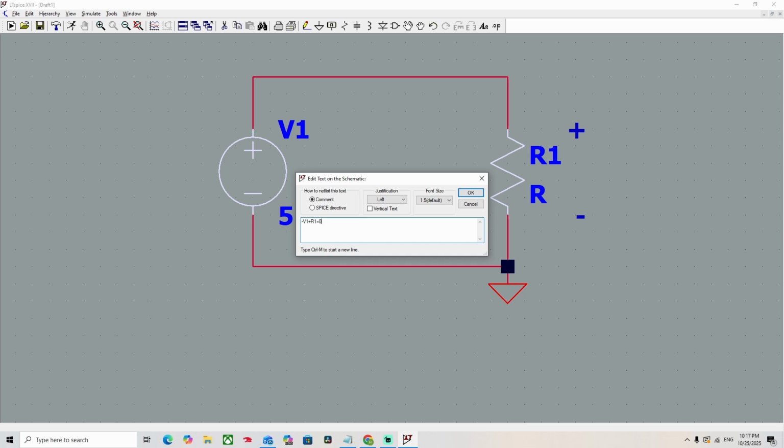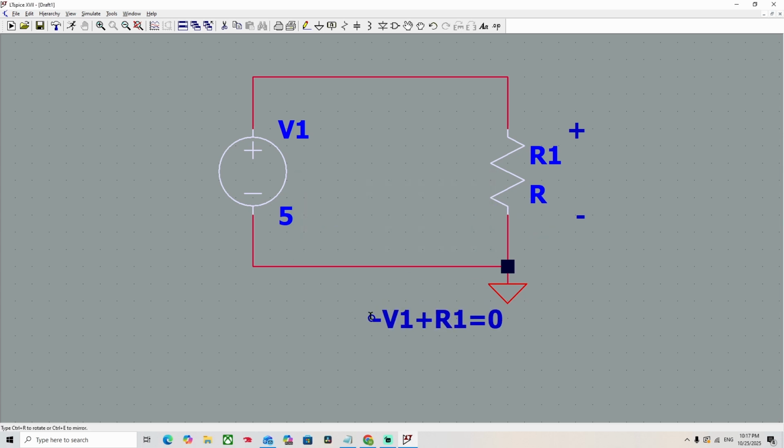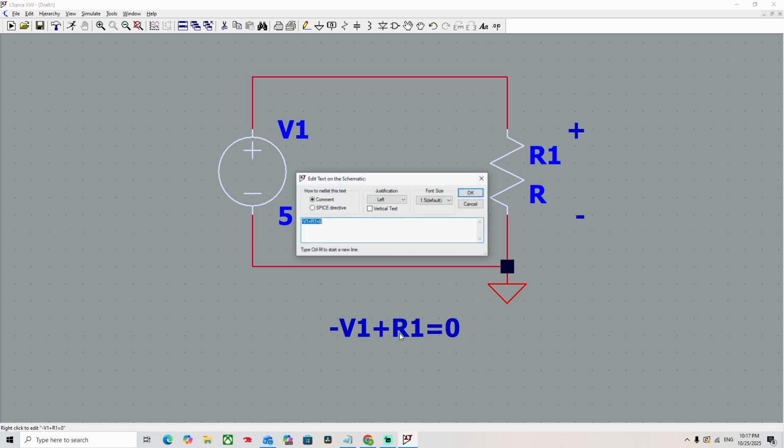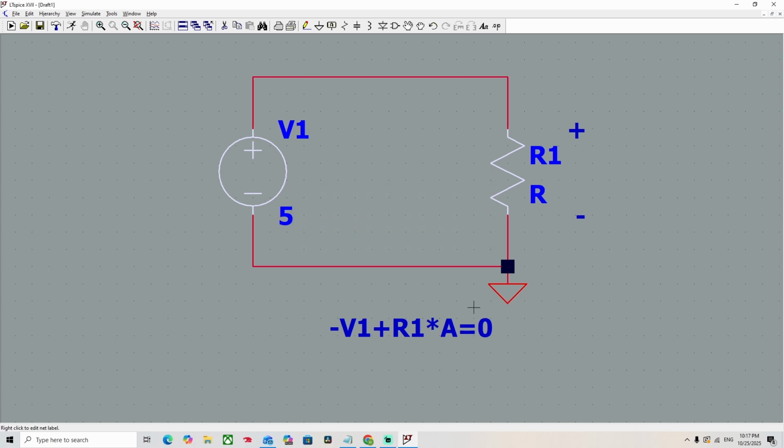So that's the Kirchhoff's voltage law version of what this is. And of course you can substitute values. Oh, sorry, I forgot to label the current. It would be I times R to get the voltage. So we can just label it A, I guess. Current A is flowing through this.